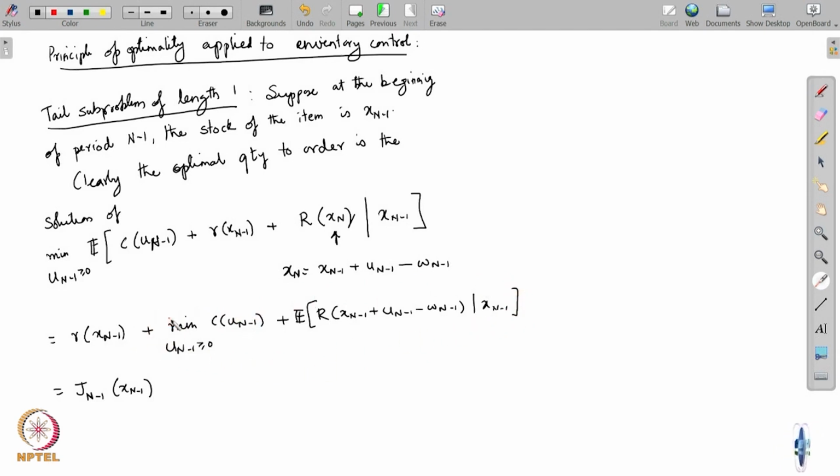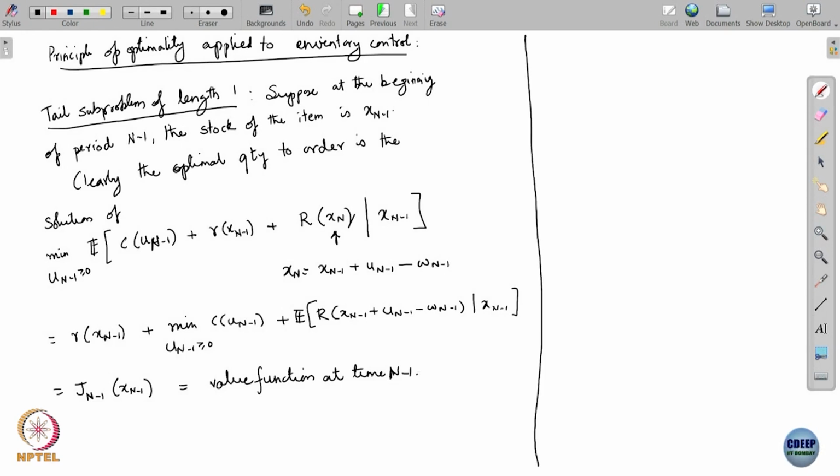So, this here is called the value function at time n minus 1. What we have got is the value function at time n minus 1.